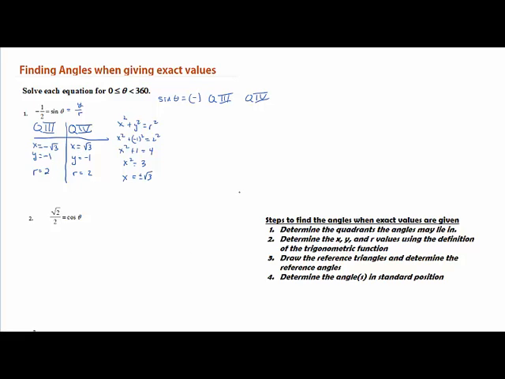Now we need to draw out the reference triangles and determine the reference angles. So let's start with our quadrant 3 value. When I look at this, quadrant 3, x is negative root 3, y is -1, and r is 2. Well, this is obviously a 30, 60, 90 triangle because of the values we have for the triangle. And opposite this -1 is our reference angle right here.